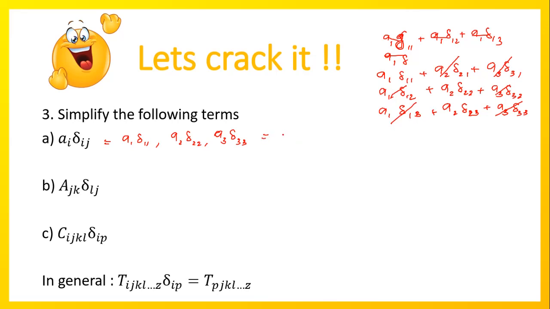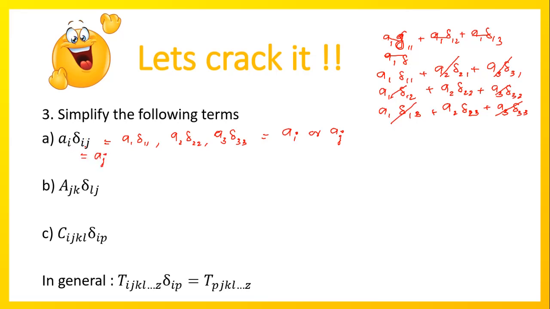So the terms which remain are a1, a2 and a3. Therefore we can write this as a_j. Therefore a_i delta_ij is equal to a_j.